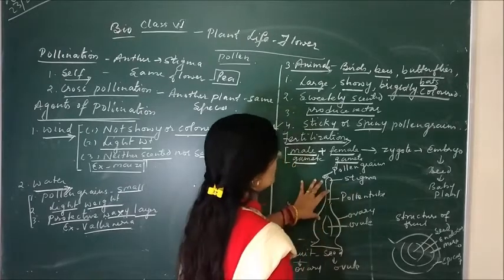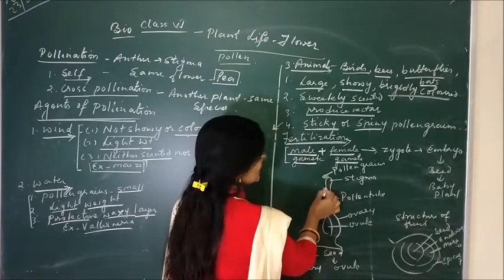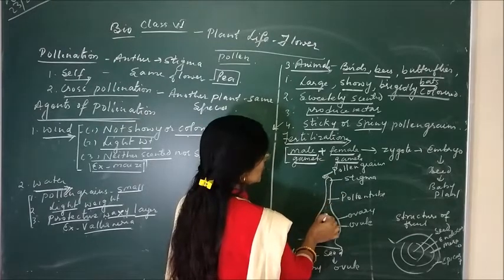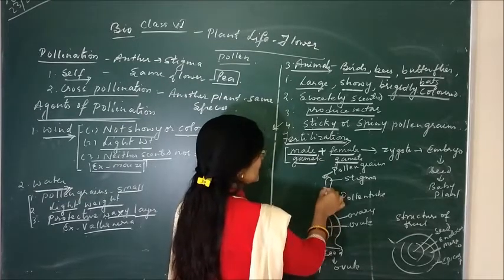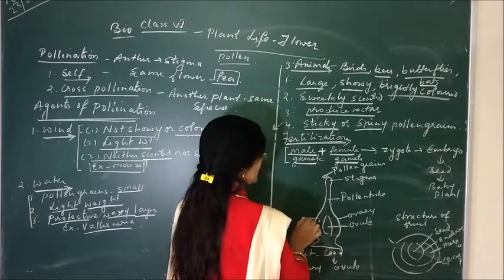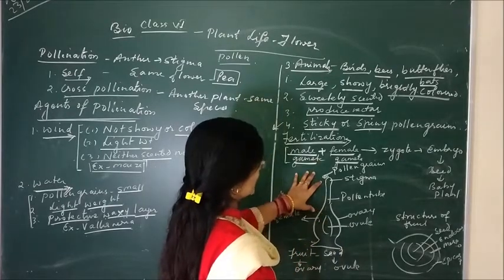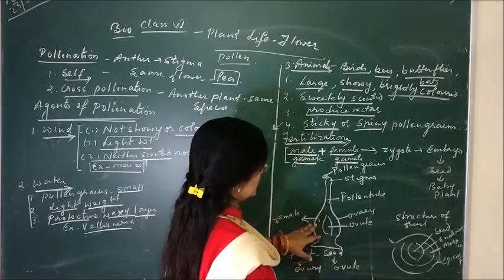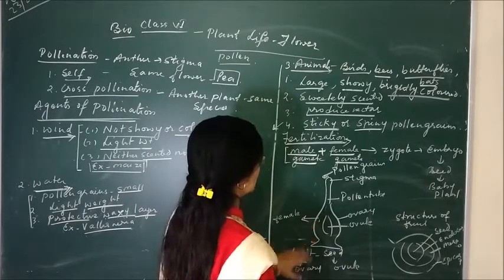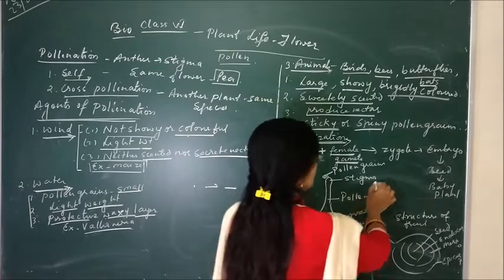The formation of the pollen tube takes place so that this pollen grain can easily enter into the ovary, and inside the ovary, when the male gamete comes in contact with the female gamete, immediately the fertilization takes place and they produce the zygote.